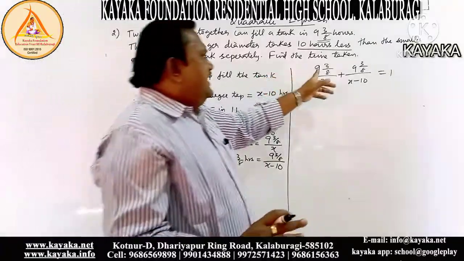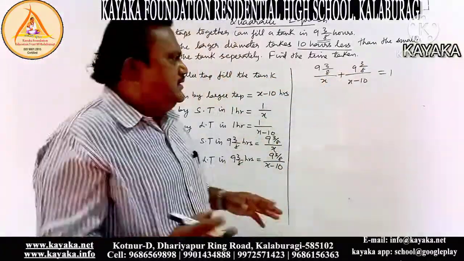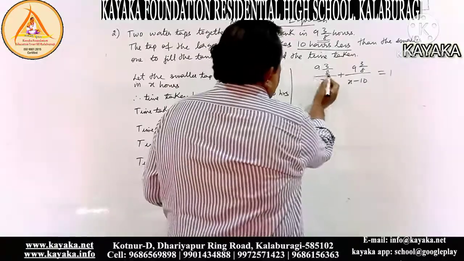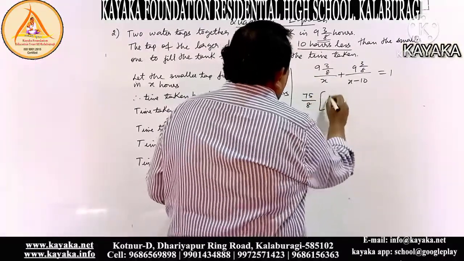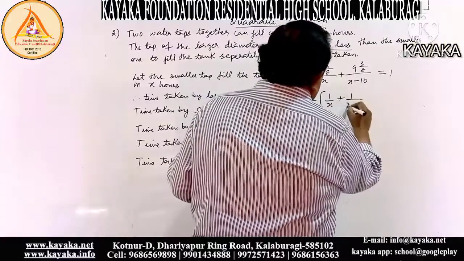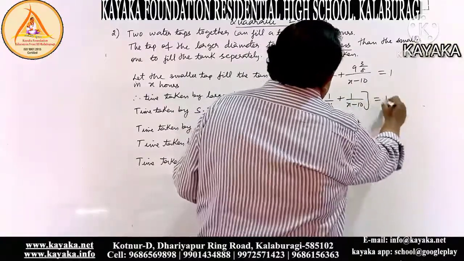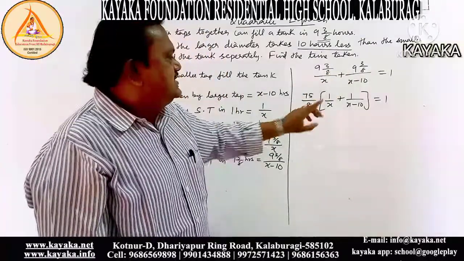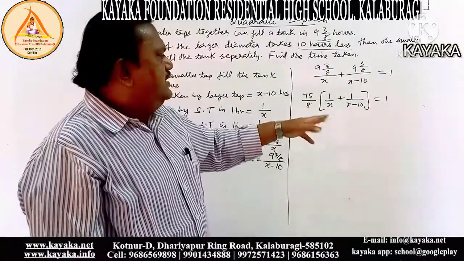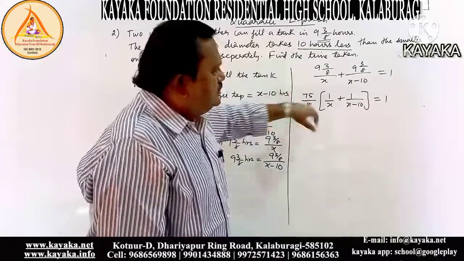Okay, now you can take 9 3/8 common, you will get, if you just multiply, 75/8 into 1 by X plus 1 by X minus 10 will be equal to 1. I have taken these two common outside. I am writing this one as 75/8. Okay, dear children. Now bring this number to the other side.